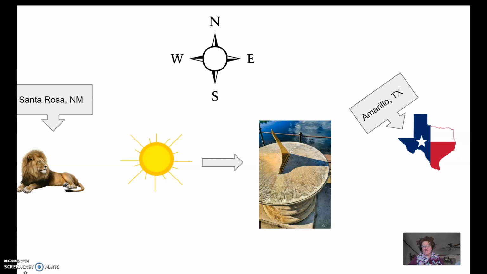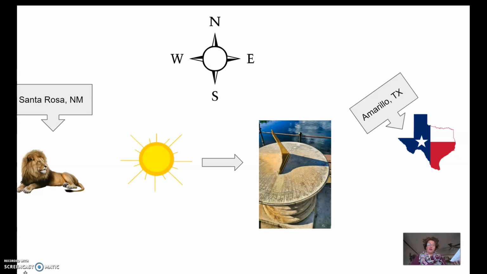And if we go east, we would run into Amarillo from Tucumcari. So the shadow of the sundial is longer in this picture because the sun is more even with the sundial, thus telling us that it is later in the afternoon.